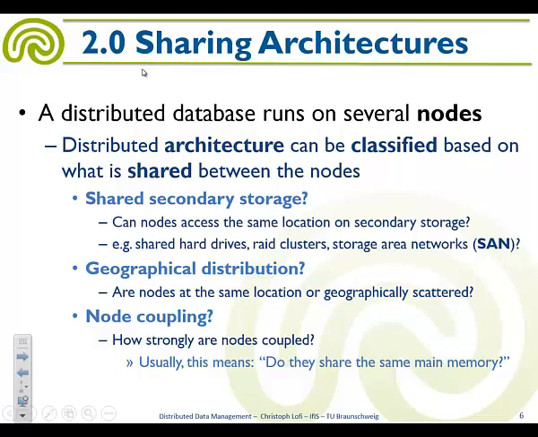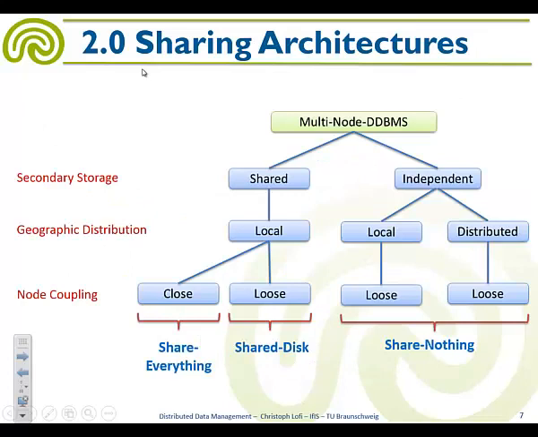If that storage and these nodes are located at the same geographic location, also a classical distributed database will be at one location. However, you can scale it out, and Jose will later do a detour into massive geographic replication and scaling out, which is very interesting. So there are some systems which rely on having nodes all over the world. And coupling, so basically how dense are nodes coupled.